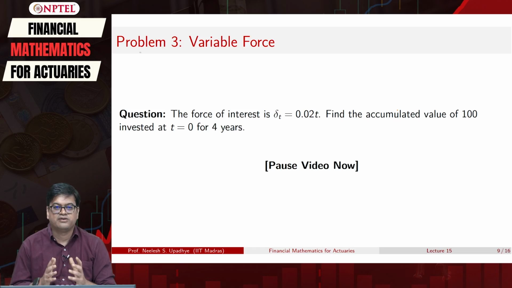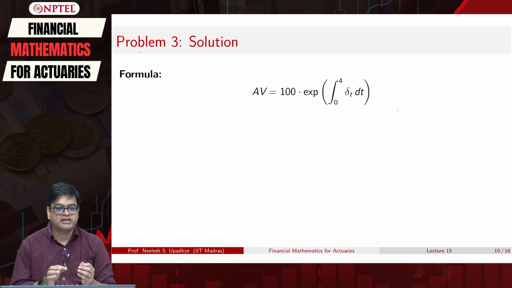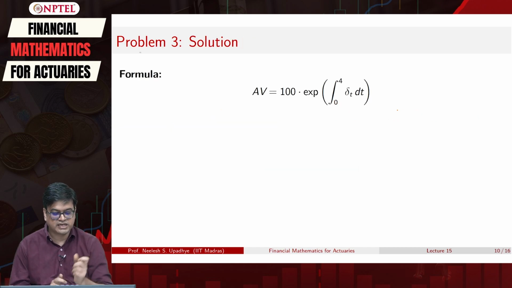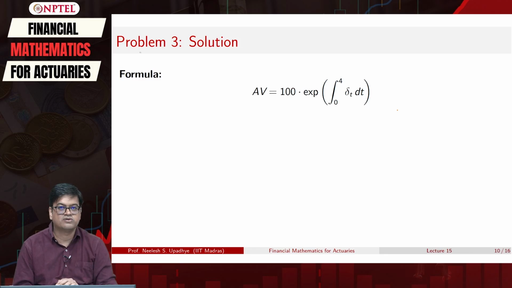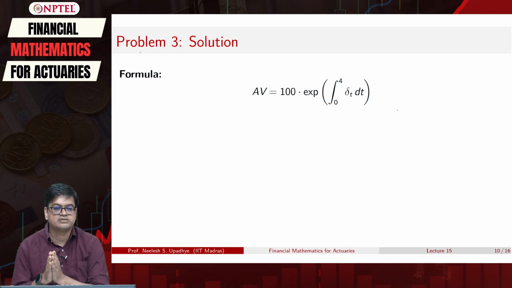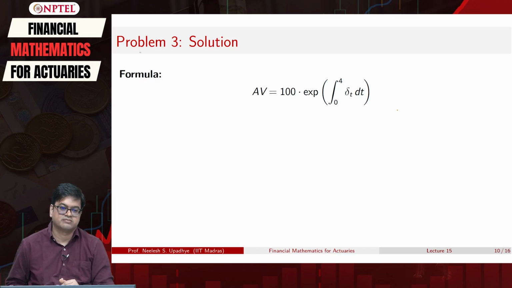Welcome back. I hope you must have got the answer, because it is very simple. Accumulated value is the initial capital, that is 100, into e raised to the integral over 0 to 4 of delta t dt. Delta t is given to me as 0.02 times t, correct. So, I will simply do the integral.